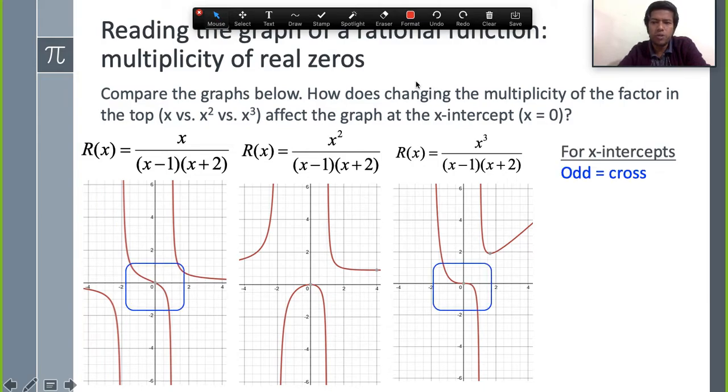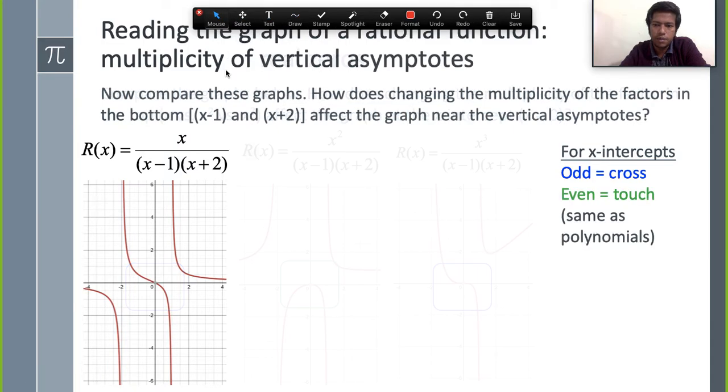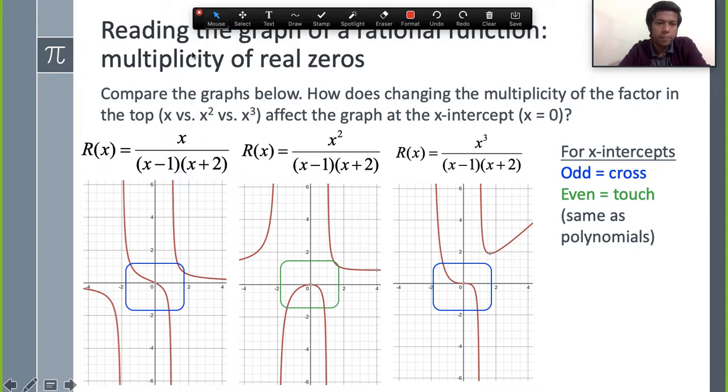Notice that we have a couple of things here. This is the graph, this one is this graph, this one is this graph. When the power of x is 1, you see this graph.